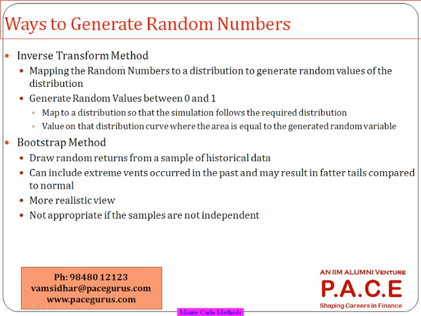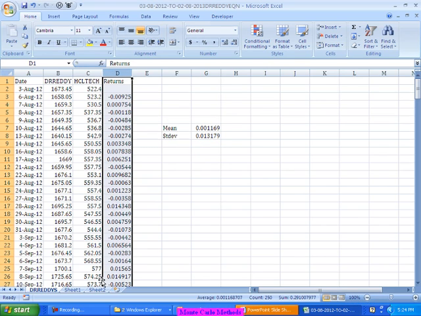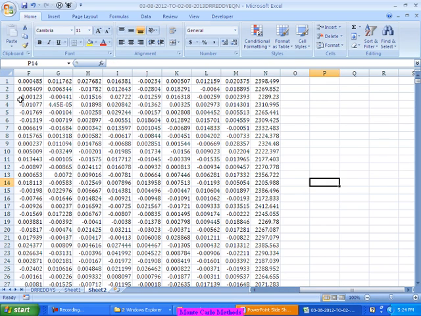What does this inverse transform say? It is just what we have done. Generate random numbers. In our example, we have generated 1000 such random numbers between 0 and 1.